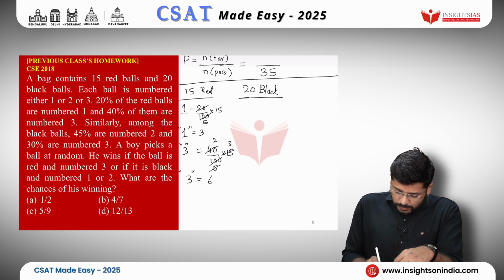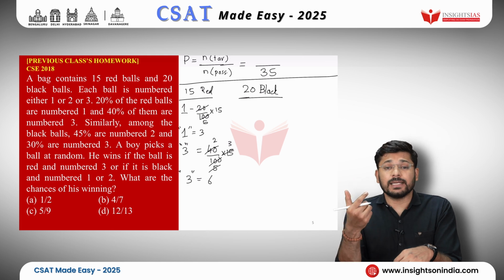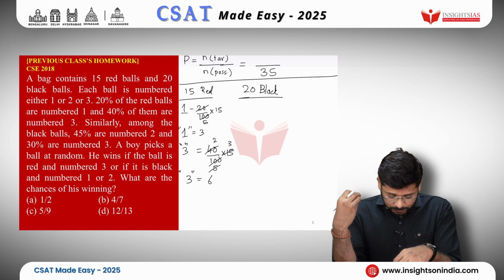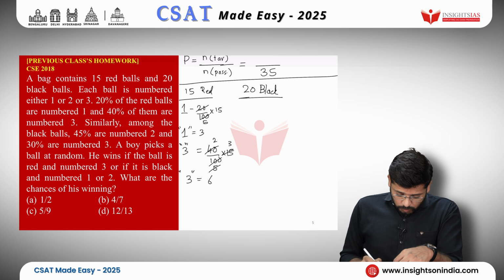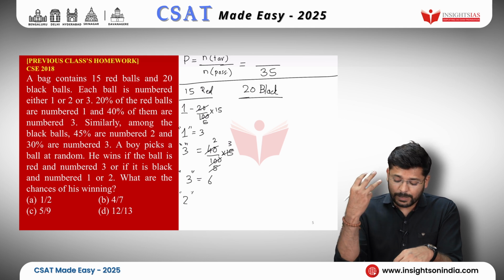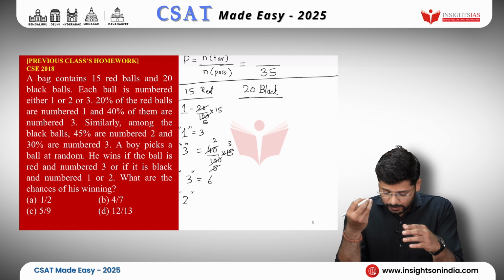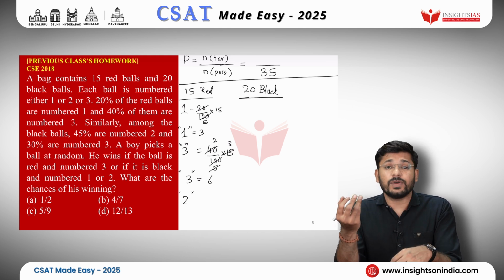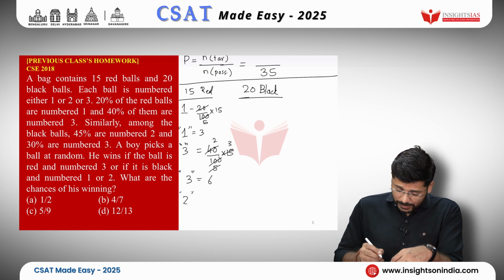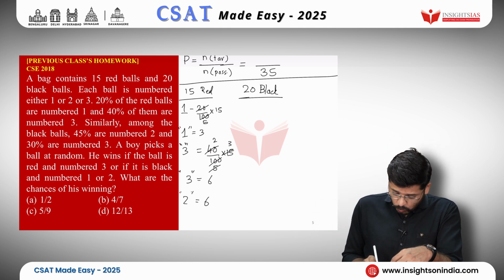So how many red balls have been numbered 3? That would be 6. Okay, and the remaining would be 6. If 3 balls have been numbered 1 and 6 balls have been numbered 3, that would be 9. Out of 15, 9 have been marked 1 or 3. The remaining 6, they would be marked 2.